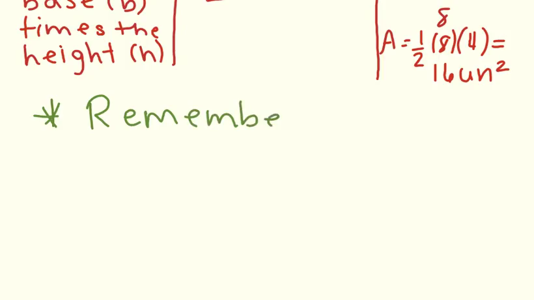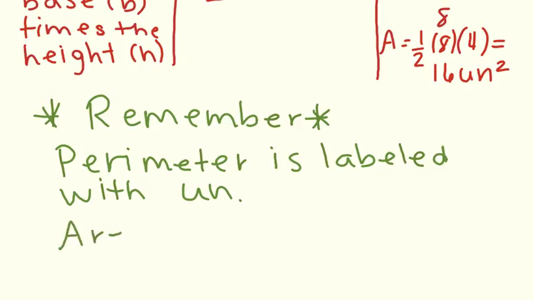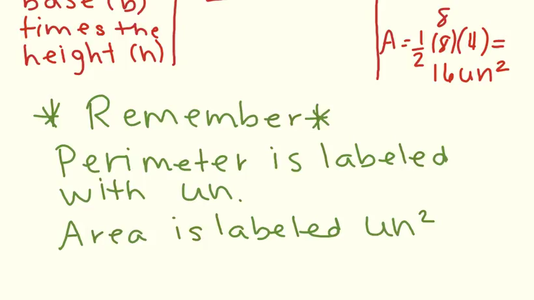Remember, perimeter is labeled with units, whether they be in feet or centimeters, it's just units, and area is labeled units squared, whether that be centimeters squared or feet squared or whichever.